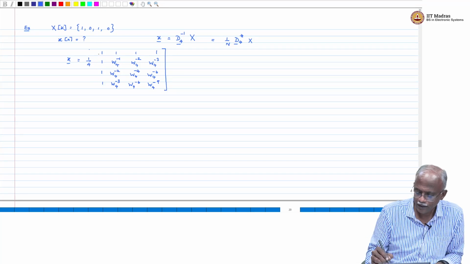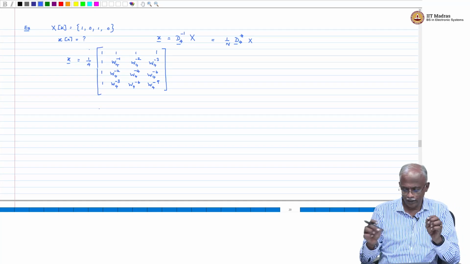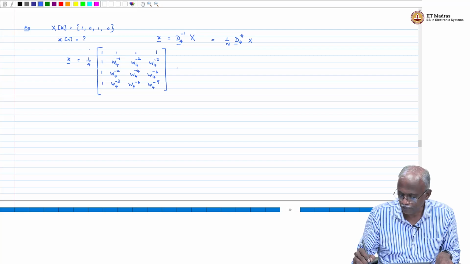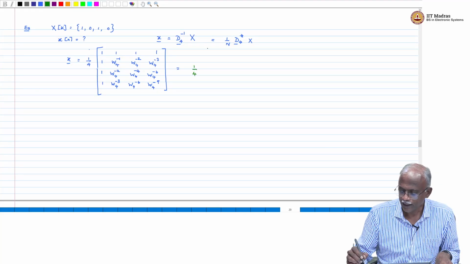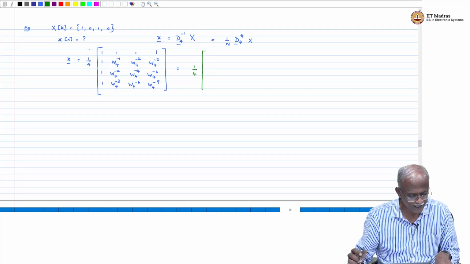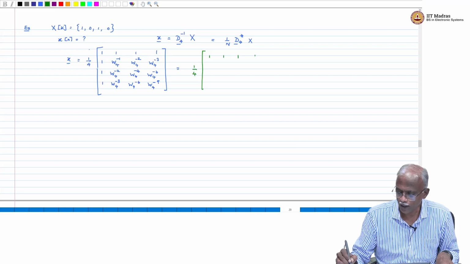We can look at the individual values. I would like you to go through and verify that this comes out to be the following matrix. For this, you would have to substitute what W is and what the exponents are, and you should verify this comes out to be 1, 1, 1, 1.